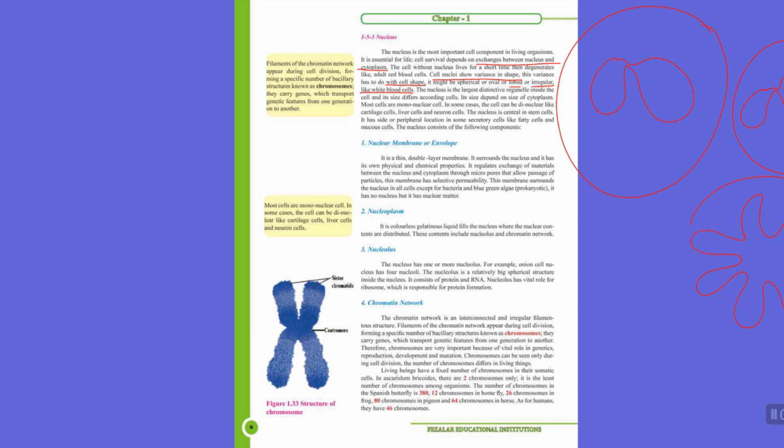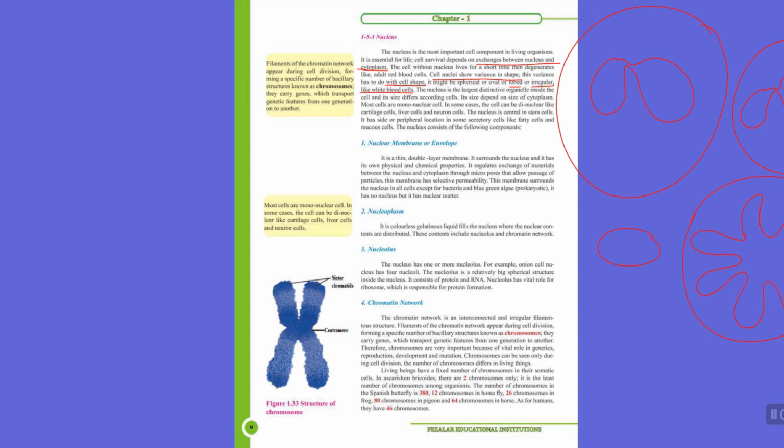Or it may be ovoid like an egg, or spherical. The nucleus is the largest distinctive organelle inside the cell. We may remember that after the discovery of the cell, the first structure discovered in the cytoplasm is the nucleus, discovered and described by Robert Brown.